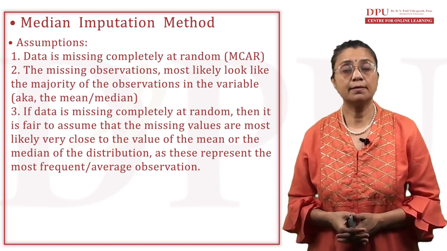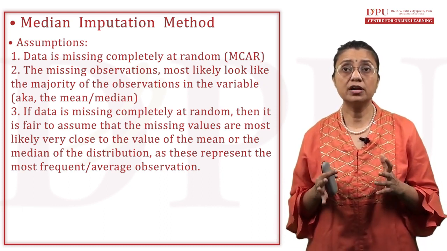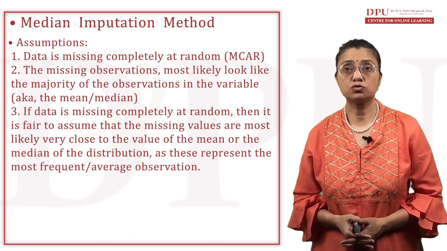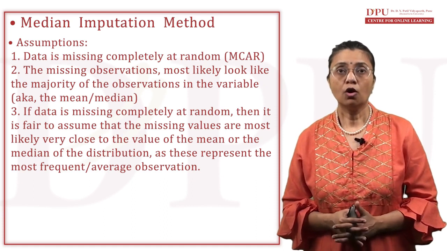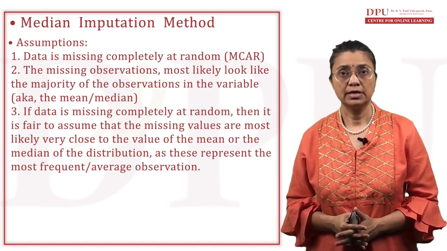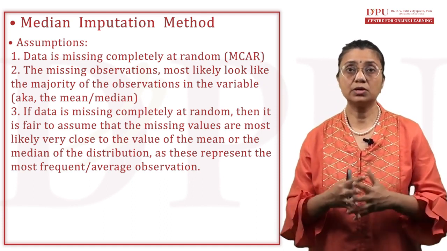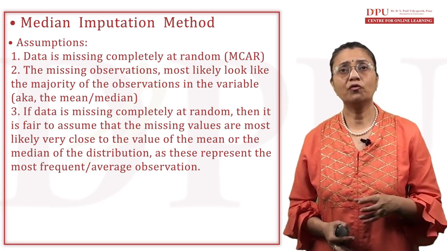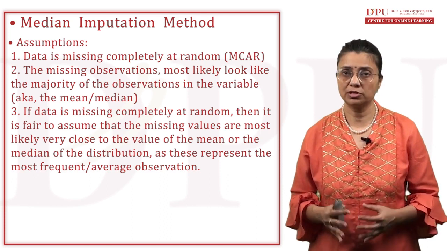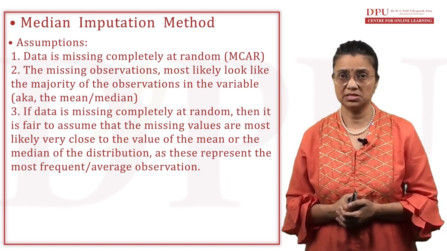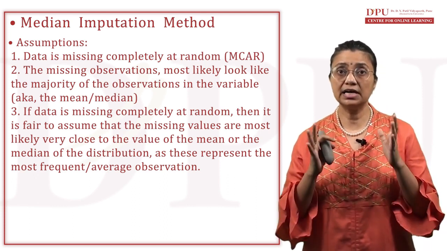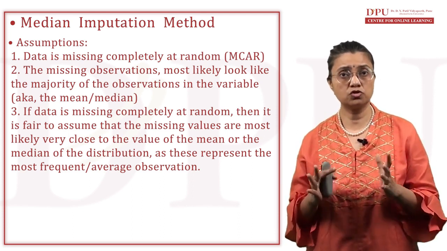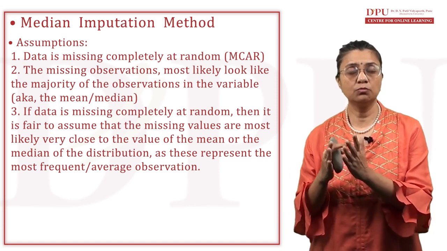If data is missing completely at random, then it is fair to assume that the missing values are most likely very close to the value of the mean or the median of the distribution, as these represent the most frequent average observations. So we always say that it is fair to find out the mean or the median of the distribution and replace the missing value with it, because the distribution is normal, or the mean, median and mode are all the same.